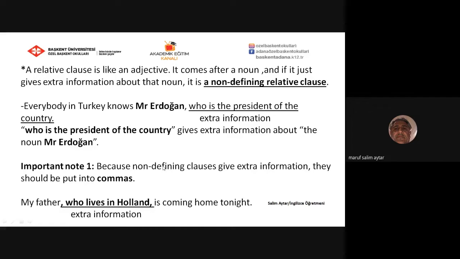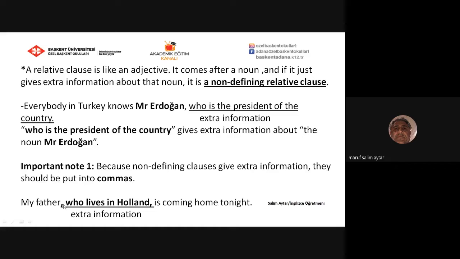Because non-defining clauses give extra information, they should be put into commas. Can you have a look at the statement? After Mr. Erdogan, okay, we need to put a comma to the statement. Okay, there is another example for us.